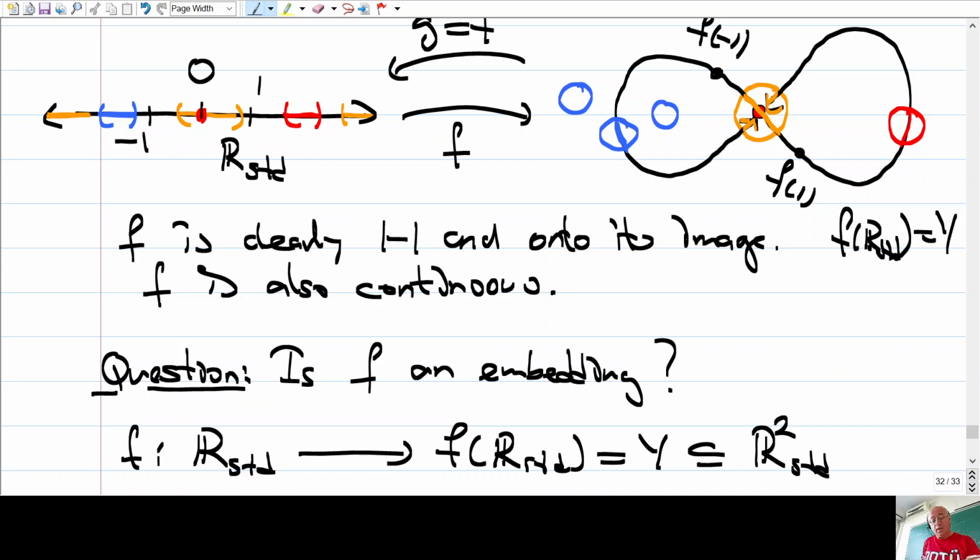What are they? Open intervals containing the origin, but whenever you have such an open set, then you have to take two infinite open rays. One going to plus infinity, the other going to minus infinity. And I see this topology exactly from this picture and the bijection.